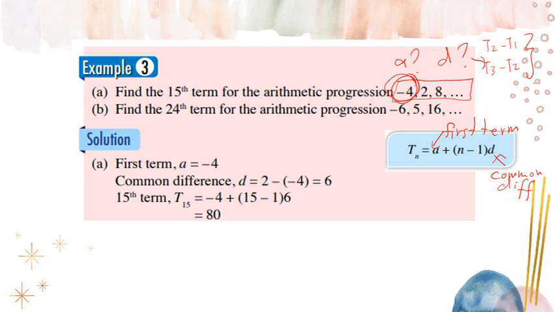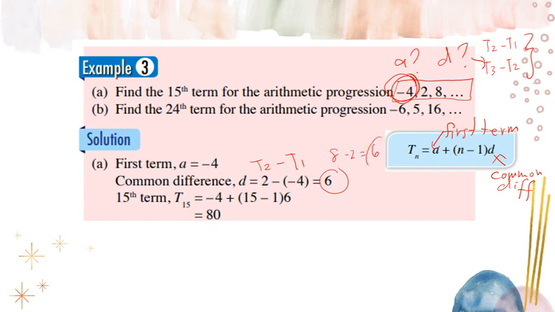Just now I already told you. And the common difference D is equal to, so this one is T2 minus T1, or you can use T3 minus T2. You will get the same answer. So 2 minus -4, you will get 6. Or 8 minus 2, also 6.